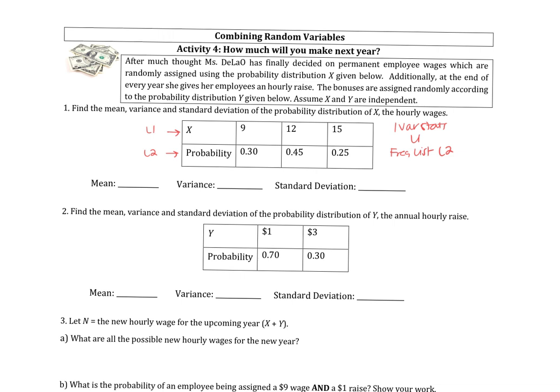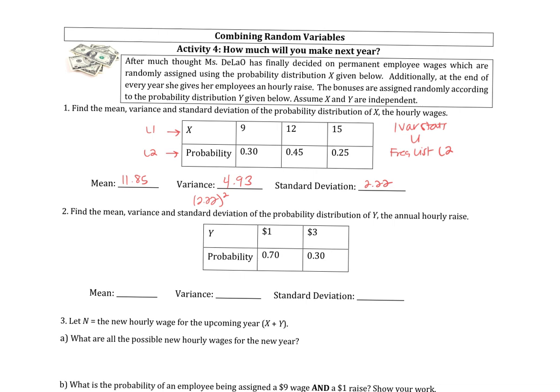You should get a mean value of 11.85 and a standard deviation, which is sigma sub X, of 2.22. Remember, your variance is your standard deviation squared, so the variance is 2.22 to the second power, which is approximately 4.93. You want to make sure that you know how to get these on your own.